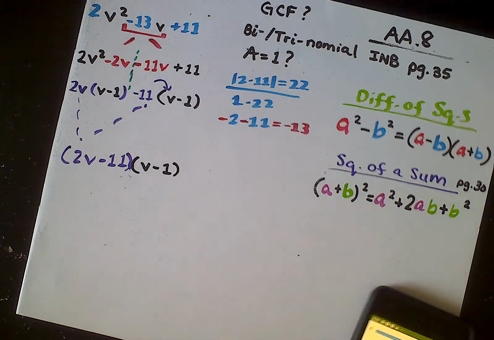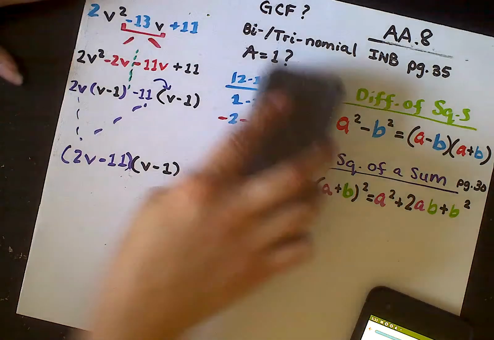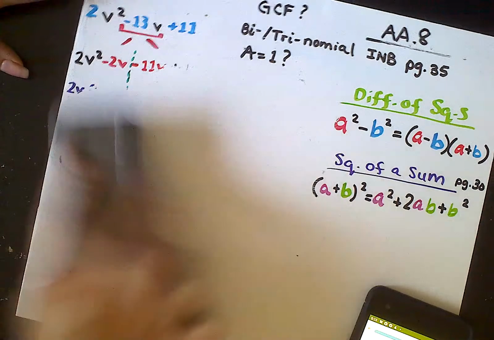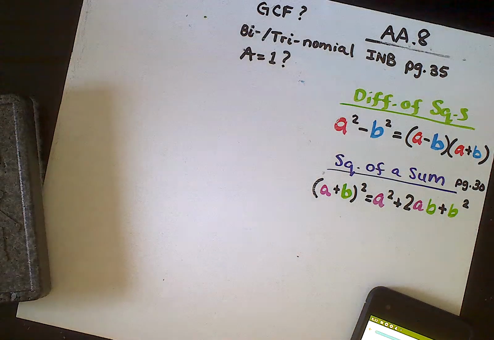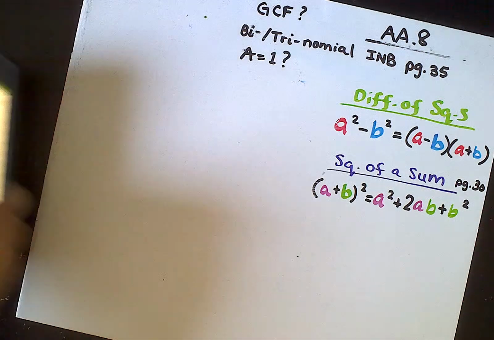Okay. How about I make one up? So a square of a sum. Let's say that we had, I'm going to touch it so we get a count.